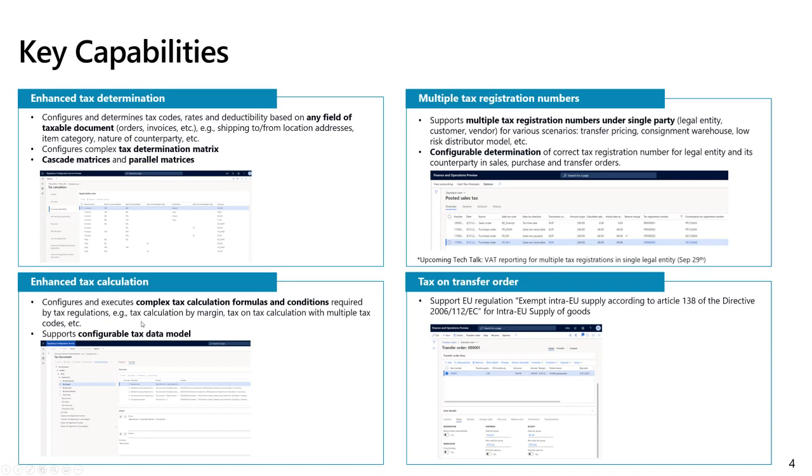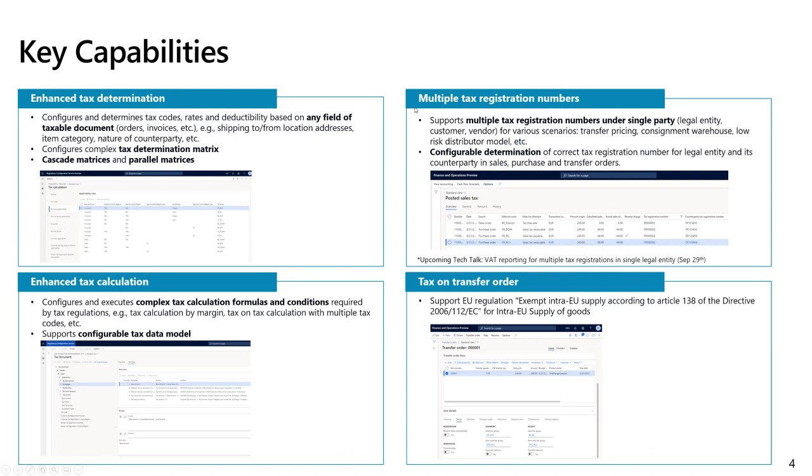One example, which we also have in a demo later, is tax calculation by margin, which means your tax base amount is your sales amount minus your cost amount. This kind of behavior is not supported in the FO system now, as you know. But with the tax calculation service, you just define the formula here. This is my base amount, and this is my formula, and that's all. There's no coding required here.